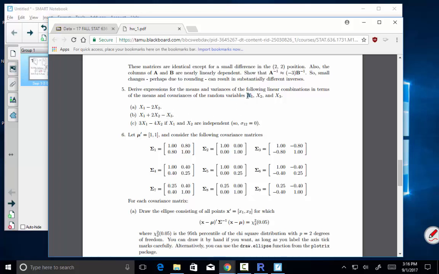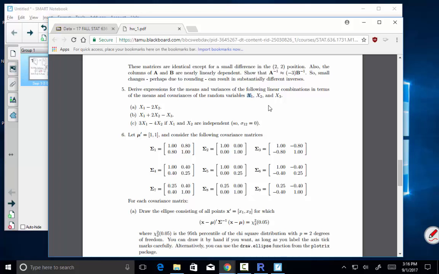So here's 3 random variables, x1, x2, and x3, like we would have in a multivariate data set. You have an Excel spreadsheet with individuals in the rows, and you have a column for x1, a column for x2, a column for x3, multivariate data.